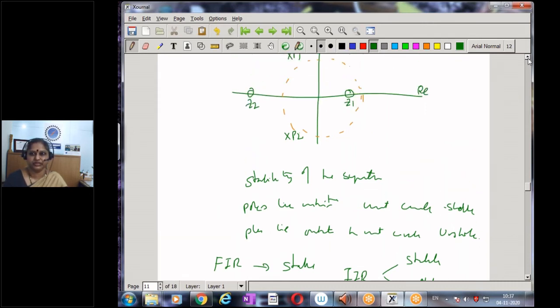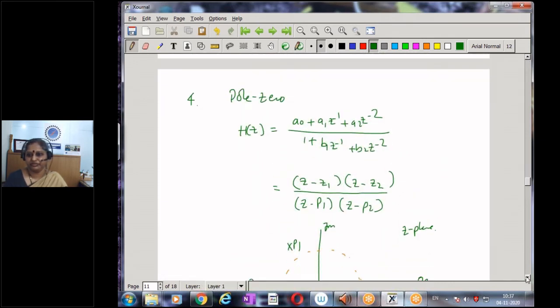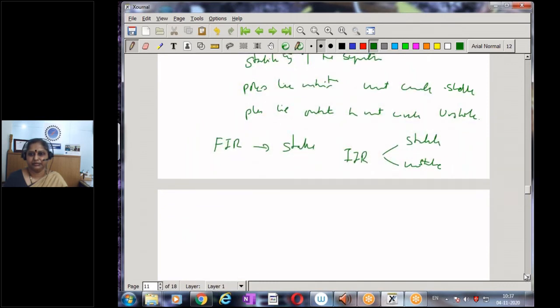we'll now go to the next form. So we have seen the fourth. Let's go to the fifth method of representing the discrete time system, and that is the frequency response H of omega.